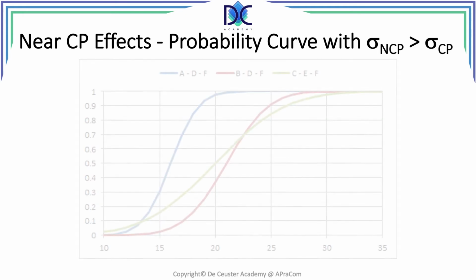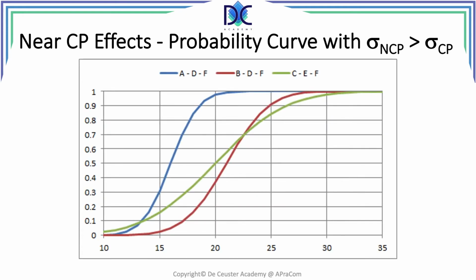We have here a path CEF which is close to the critical path, but it's not equal to the critical path. But now we see that the standard deviation of the path CEF is larger than the standard deviation of the critical path, which means that that curve is flatter.